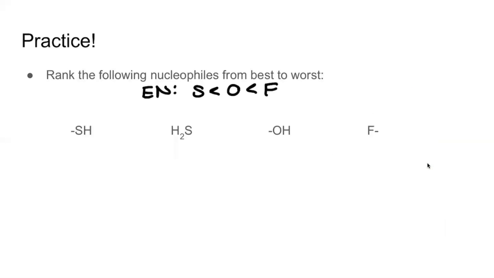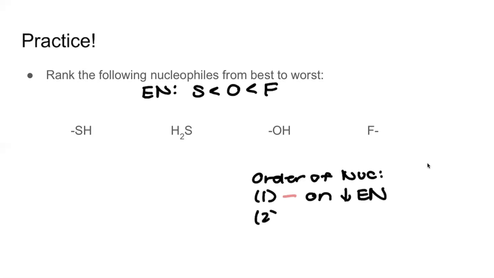So remember, our order of nucleophilicity is going to go something like this. We're going to have a negative charge on a less electronegative atom. This is just from Sydney's slide right before.